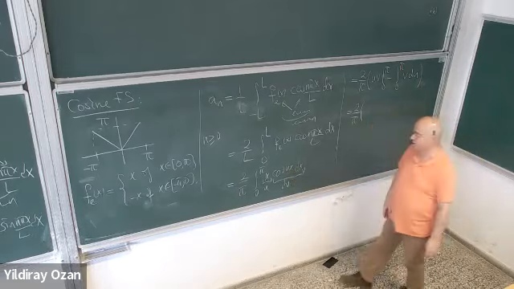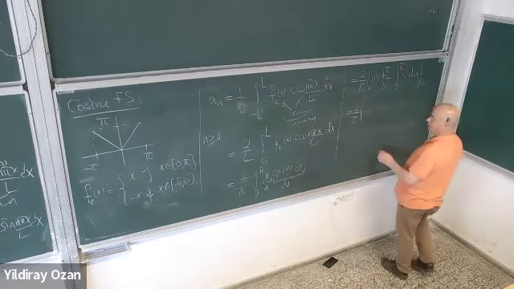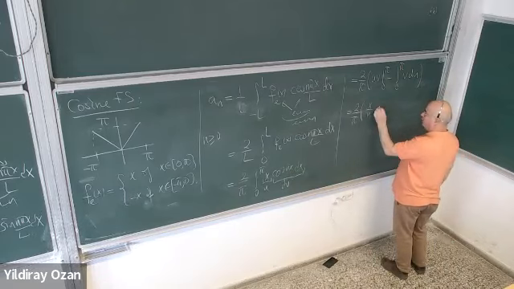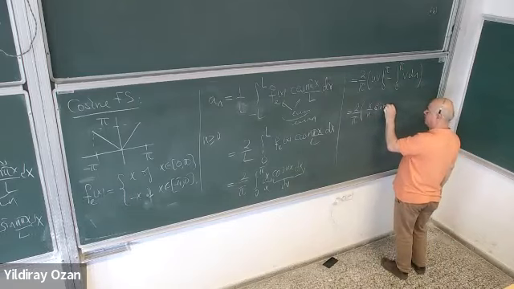The integral of this is 1 over n times sine nx, so it is x over n times sine nx.